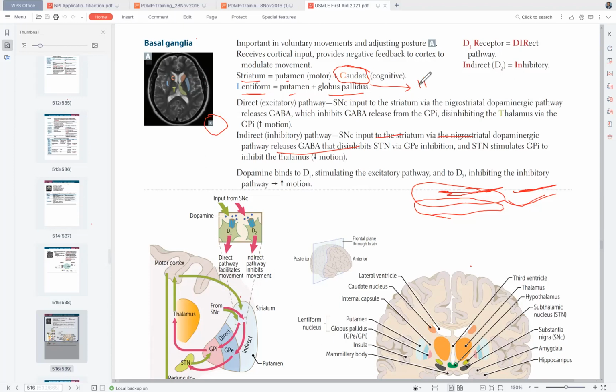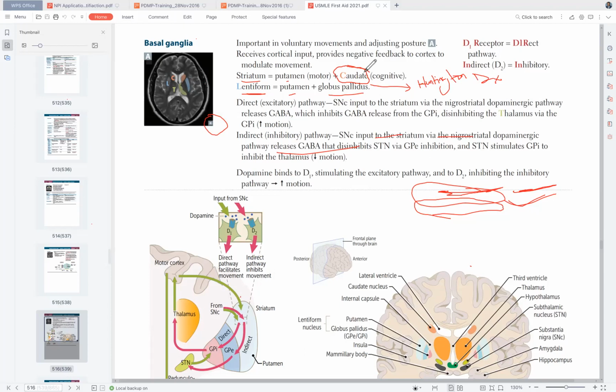Okay, it's going to be Huntington disease. Yes, and it's called Huntington chorea, right? Huntington disease, Huntington chorea.